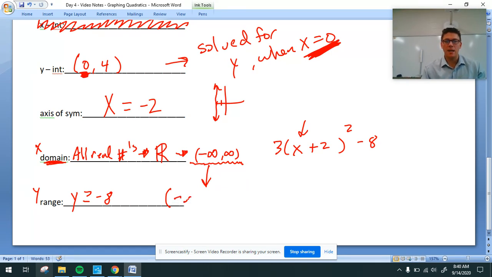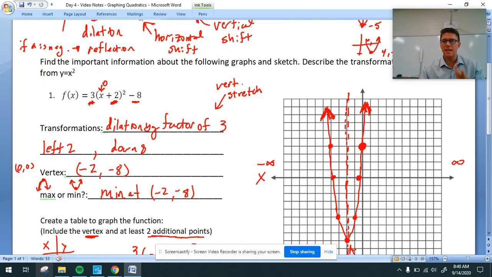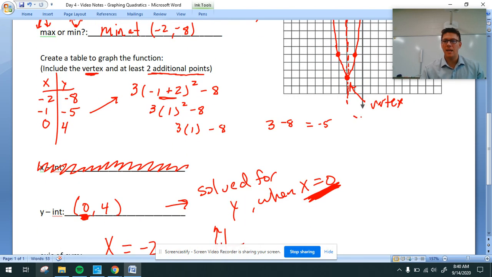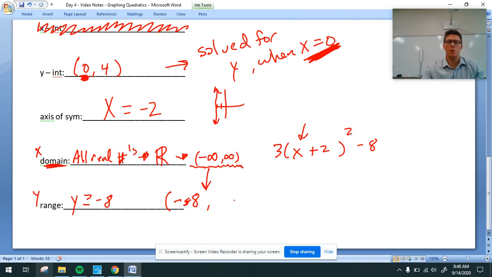It goes from -8 as the lowest, and then the highest, think about y's, infinity is up here for y's, negative infinity is down here for y's. Notice how it goes up forever. As it continues to increase forever, it's going all the way to infinity. You always write them from least to greatest.